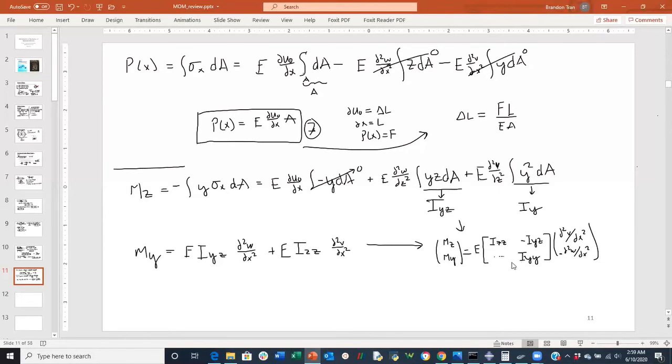Okay, so now that we've established this matrix set of equations by equating these two moments, we can essentially find the curvatures by reorganizing this matrix equation and taking the inverse of this matrix to the other side. Doing that yields the following.